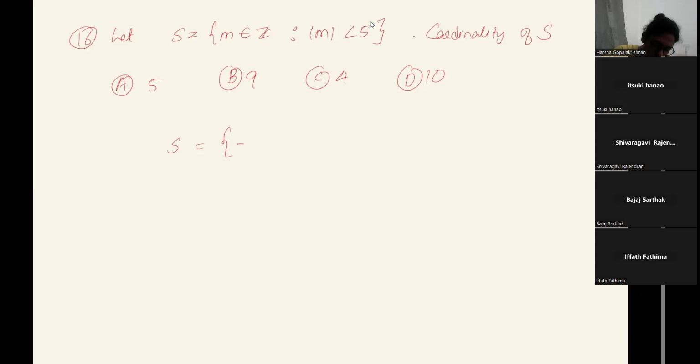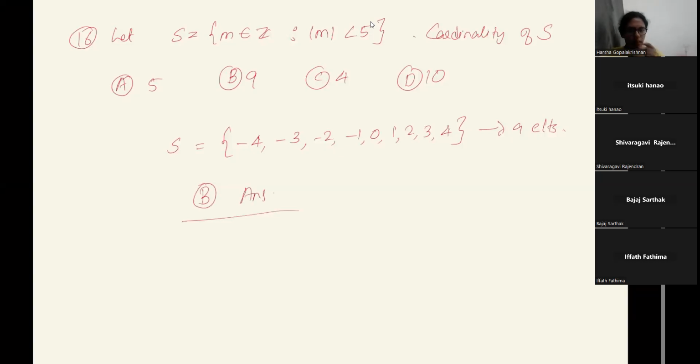Starting from -4, because -5 will not be there: the modulus of -5 is 5, which is not strictly less than 5. So total 9 elements are there. So option B is the answer. Clear, right?